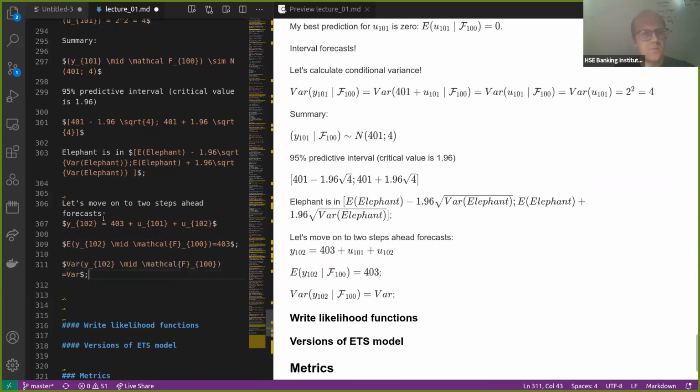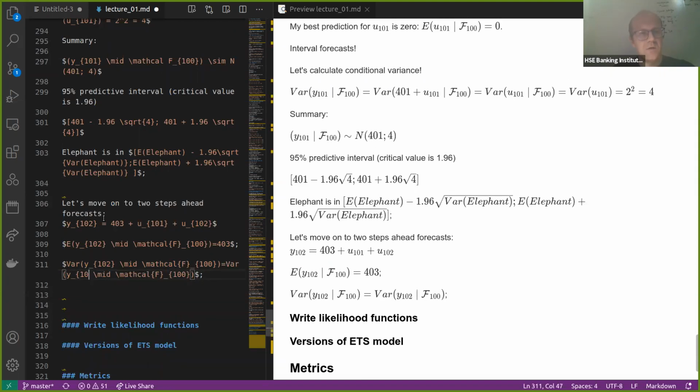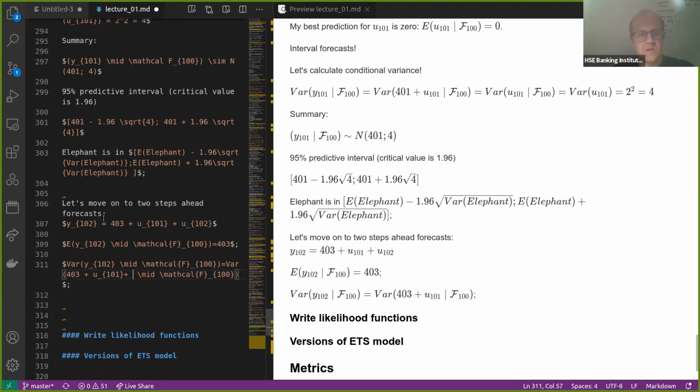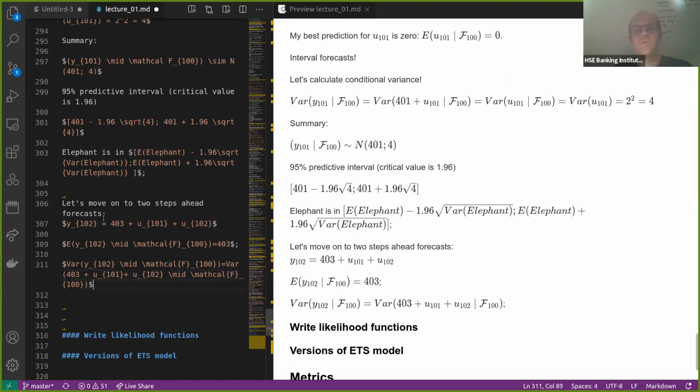I will just copy all I have. And finally, I will have 403 plus U101 plus U102. Once again, I have decomposed the future value into 2 parts, completely predictable and unpredictable.